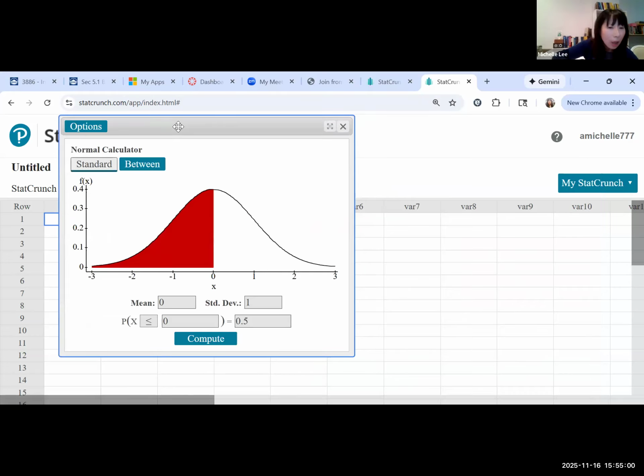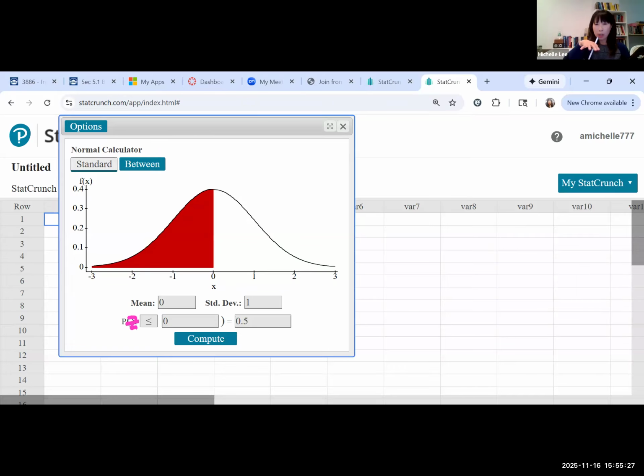Let's see what we are doing. We want to find the z-score, right? When we find the z-score, this is z, and the z-score has mean equal to 0 and standard deviation equal to 1.